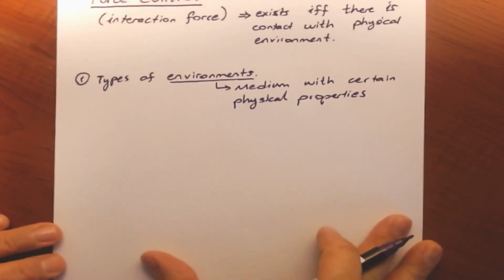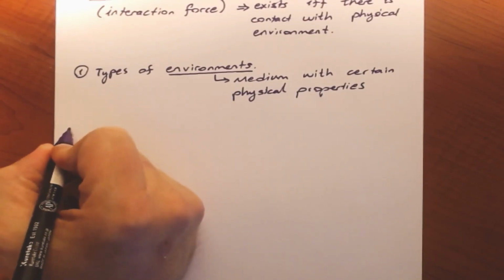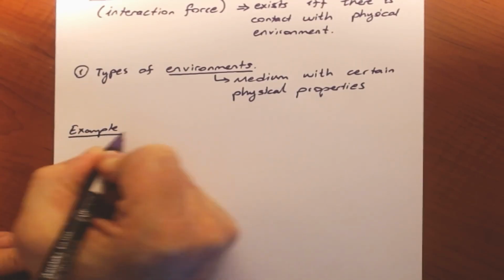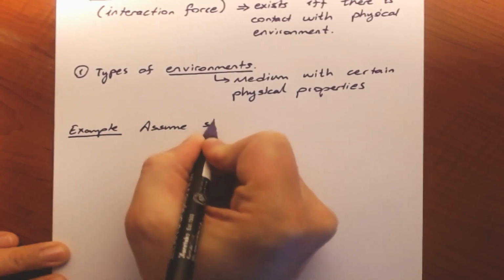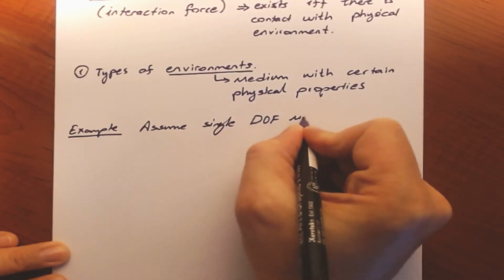Let's go through an example. Assume a single degree of freedom motion control system.